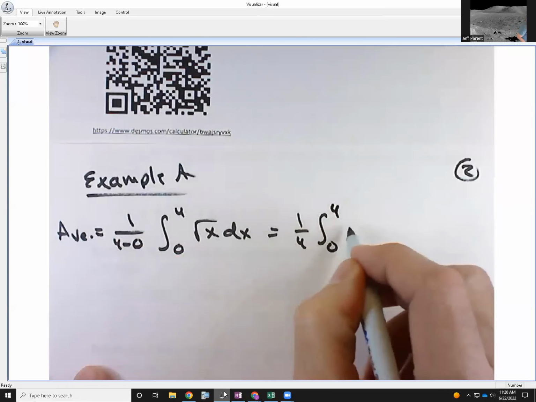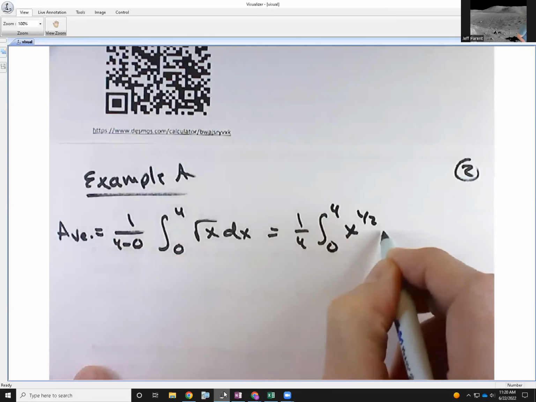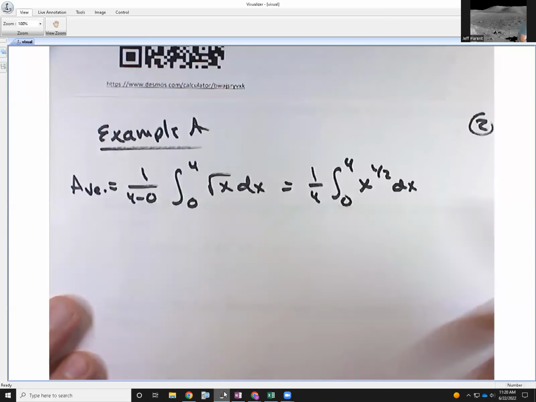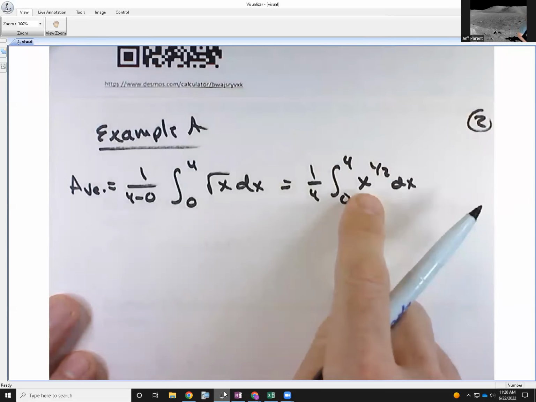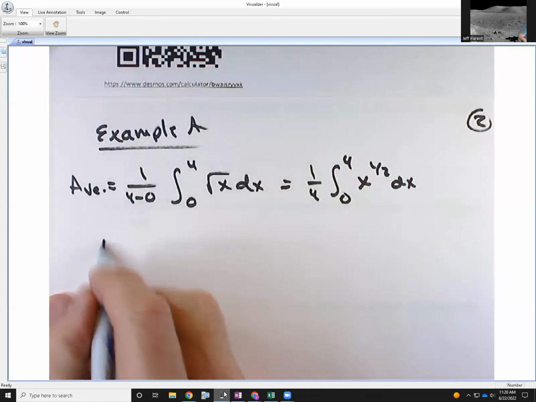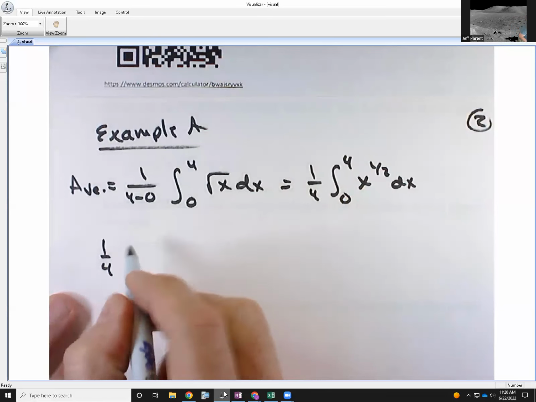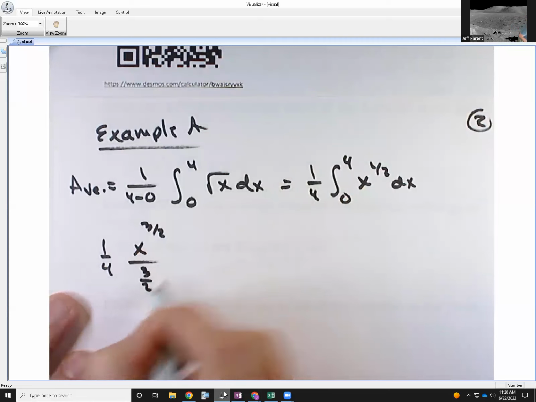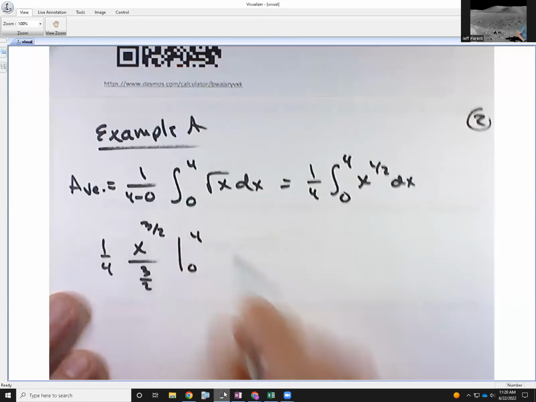Still going to go from 0 to 4, but I'll probably write that as x to the 1/2 dx. Why do we bother doing that? It helps in finding the antiderivative. You're going to add 1 to the exponent, divide by that same exponent. So that's going to give me x to the 3/2 divided by 3/2 between 0 and 4.